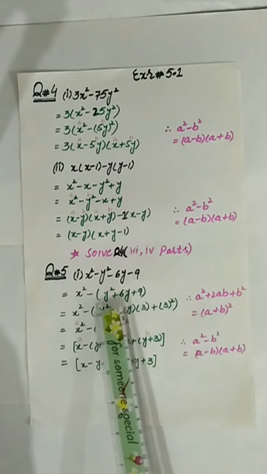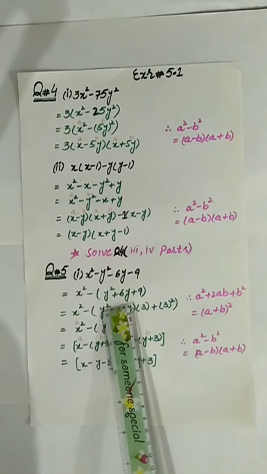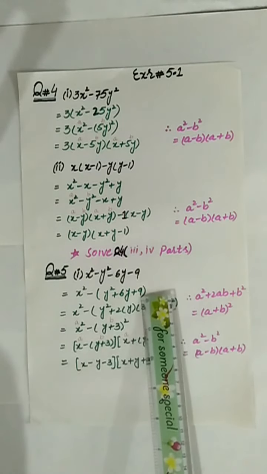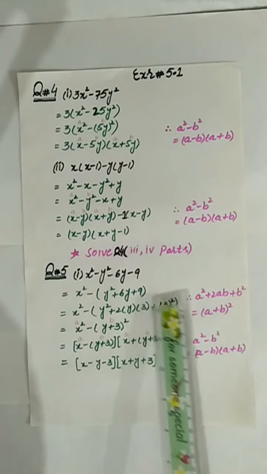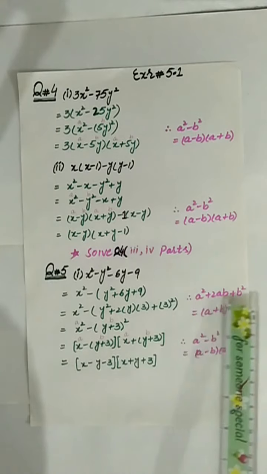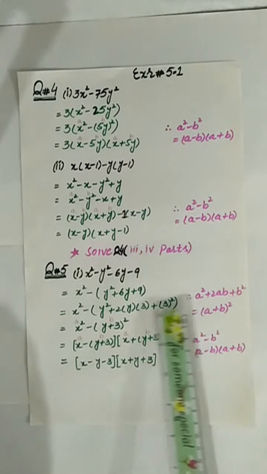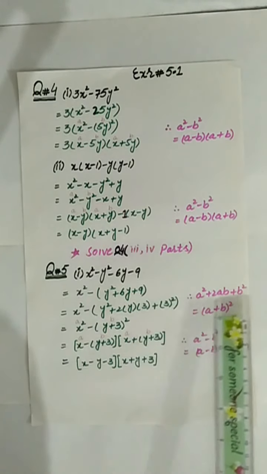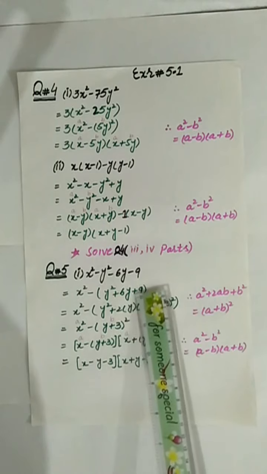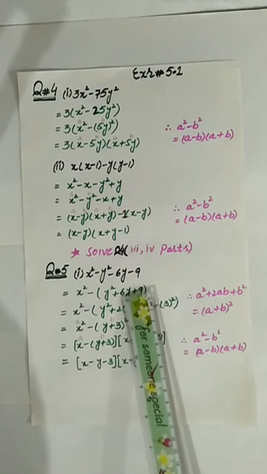According to this formula, this is a square, y square. Y square is the square of y, and this 9 is the square of 3, so we will write this 9 as 3 square. This is a square, this is b square, and in the center we require 2ab.